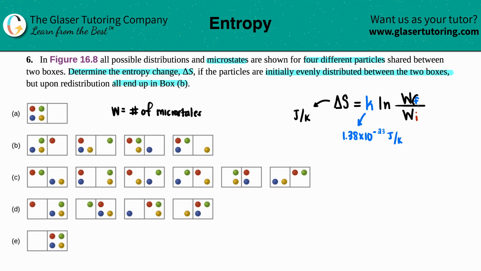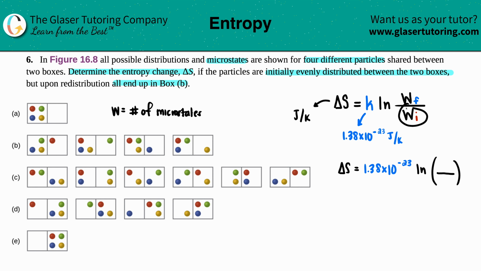F is final, so it's the number of microstates final divided by the number of microstates initial. But now we just have to find out what those numbers are. Let's plug in what we know so far. Delta S equals the Boltzmann constant, 1.38 times 10 to the negative 23rd, times the ln of something divided by something else.